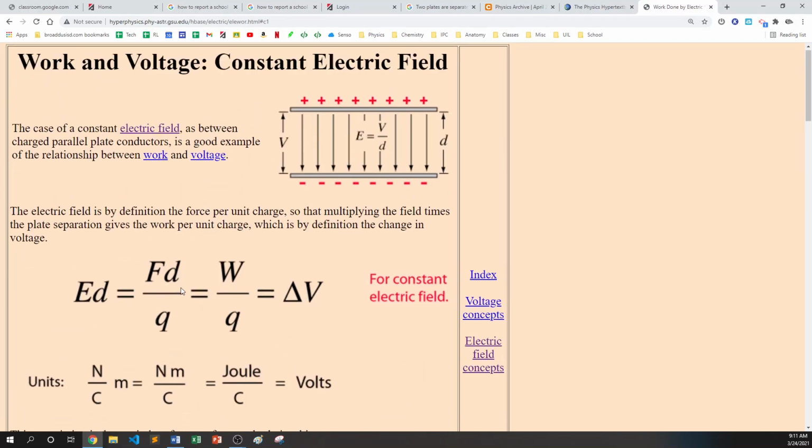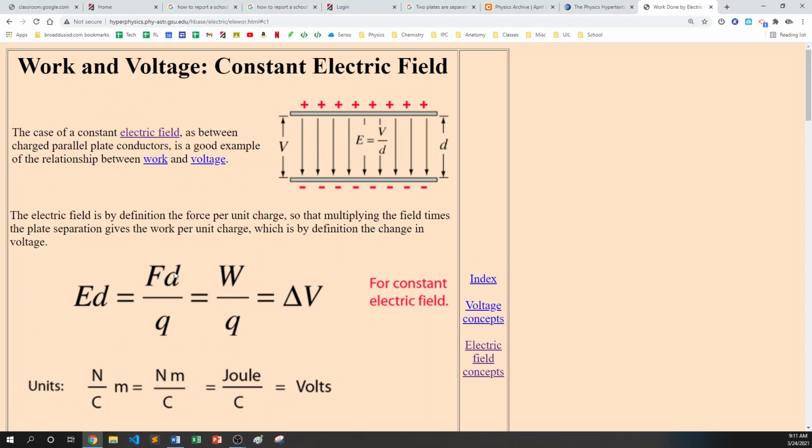So the definition of voltage is the work per charge. Work is equal to force times distance. Thus, the voltage would be equal to the field strength times distance. So F divided by Q is E. We haven't learned about voltage.